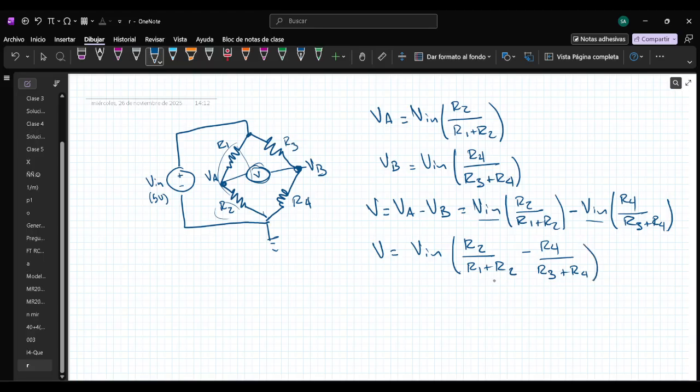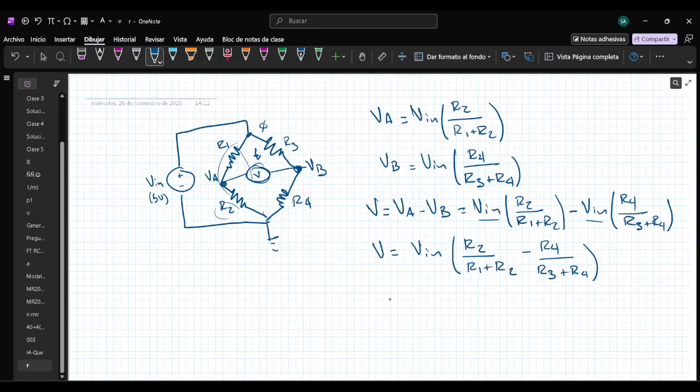So now the idea of the Wheatstone bridge is that if I already know 3 of these resistors, I can calculate the fourth one. How? Making this voltage equal to 0. So right now, I can compare this relation, right?